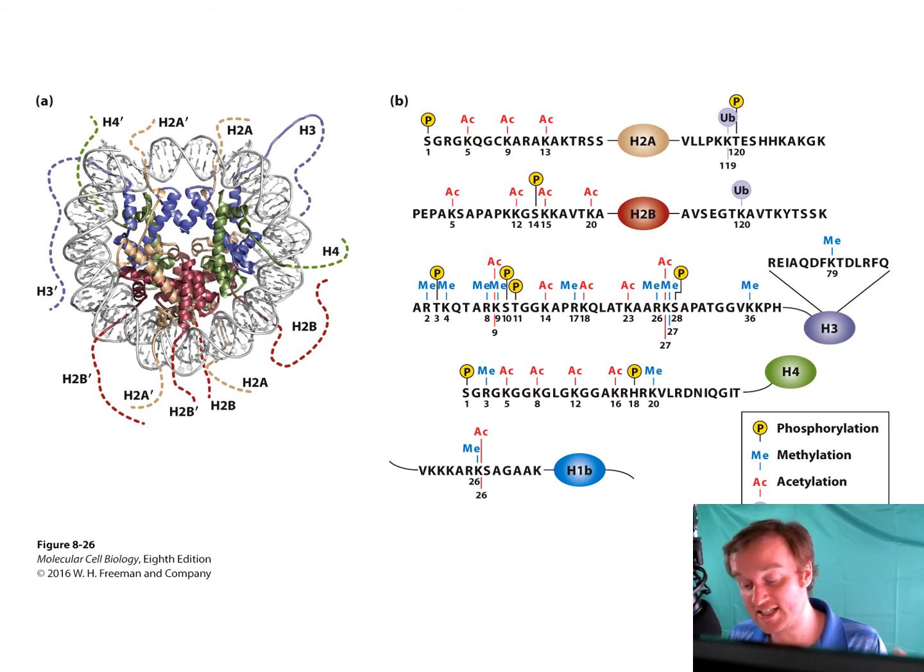And these tails have specific locations on them that are indicated on these diagrams here, depending on, so we have histone 2A, 2B, so these are 2 homologs of, or 2 monomers of that nucleosome complex, and you can see that the different sites labeled AC for acetylation, UB for ubiquitination, P for phosphorylation, and ME for methylation.